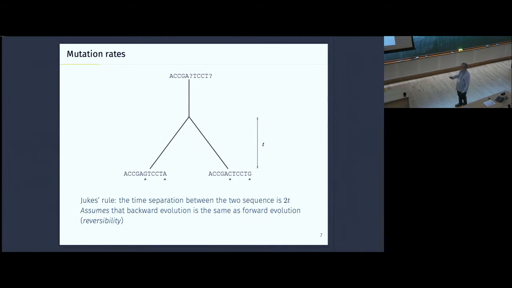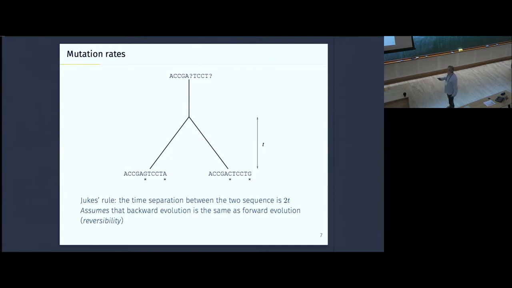And then there is a rule of thumb, which is called Jukes rule, that says that the time separation between the two sequences is 2t, where t is the time needed for one of these point mutations to arise.